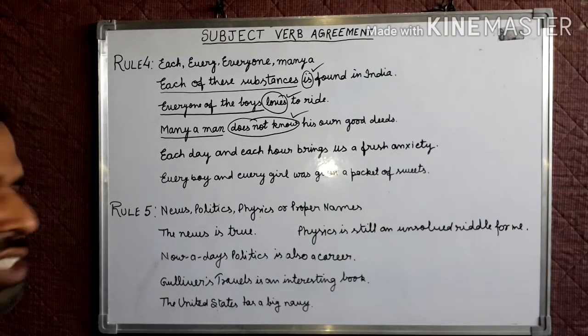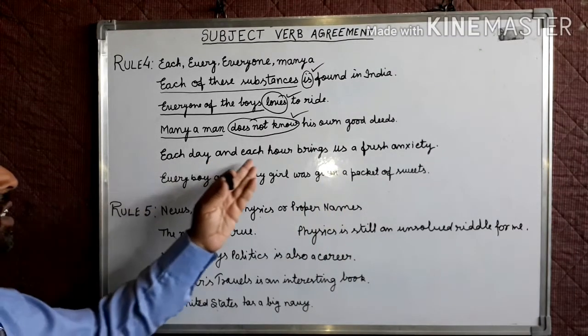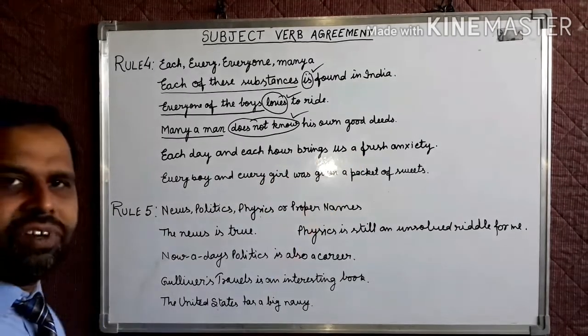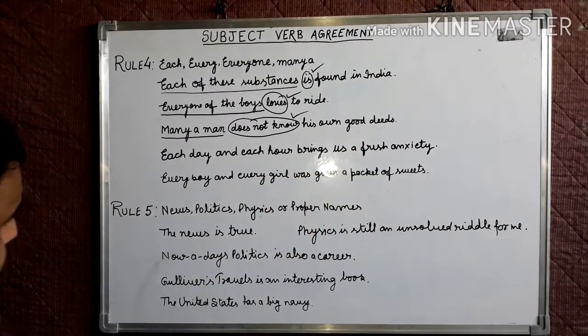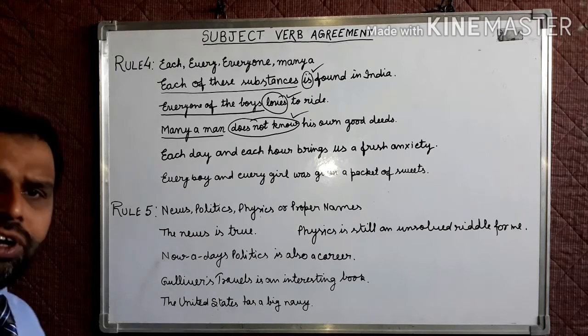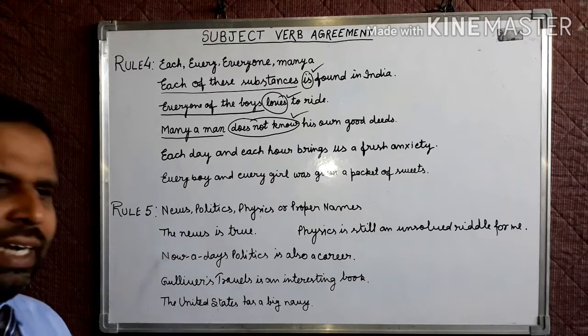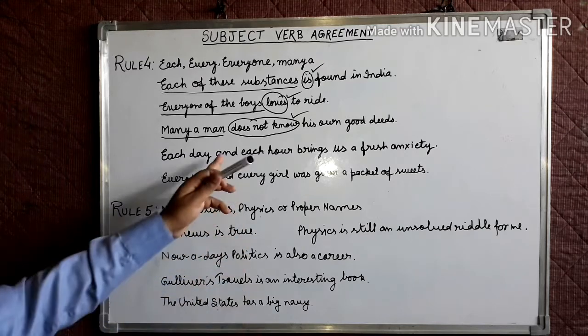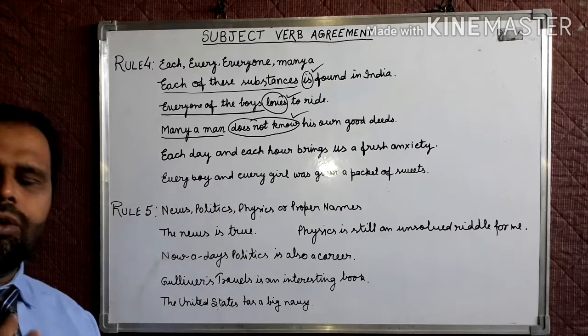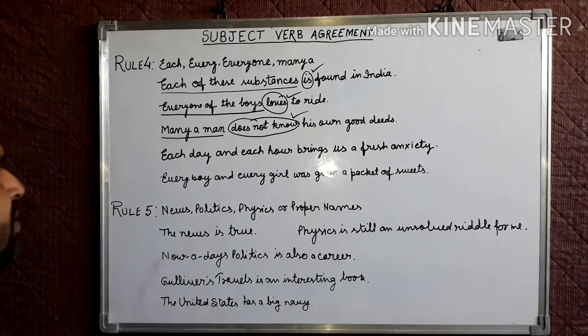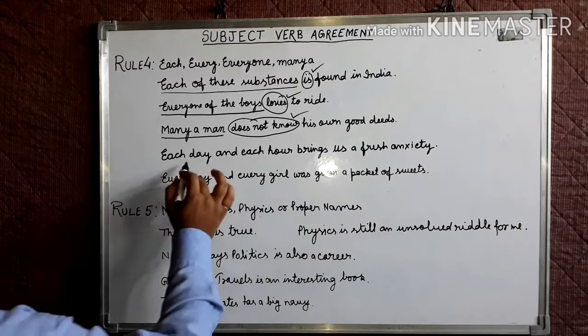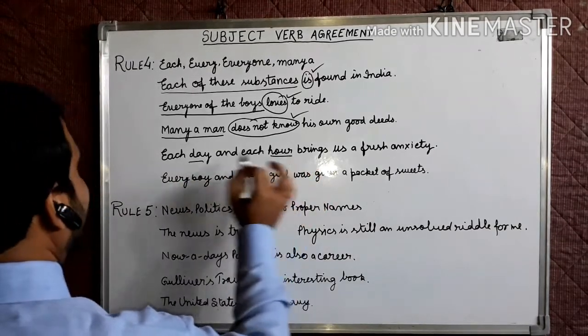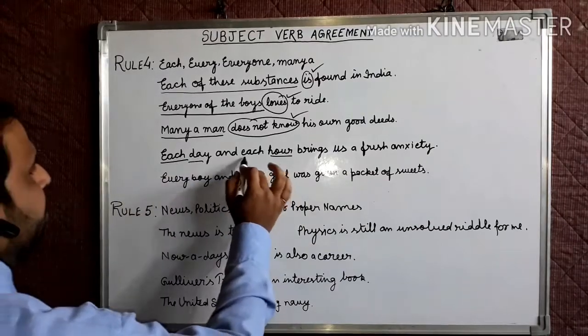Then the next sentence is: each day and each hour brings us a fresh anxiety. Our rule 1 was that when we join two singular nouns with the word and, it takes a plural verb. But here we see that these two singular nouns are determined with the word each.